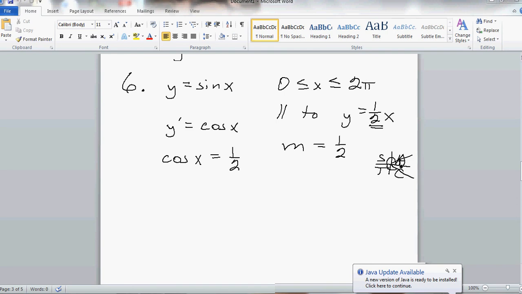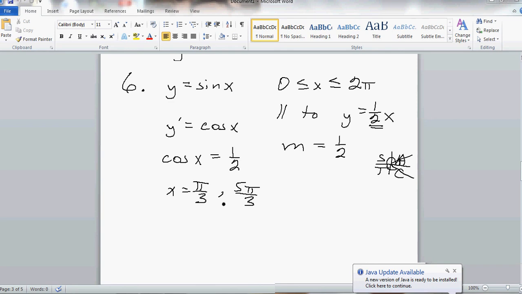So where cosine is equal to 1/2 would be pi over 3. That's this first angle right here. And then going all the way around, that would be 5 pi over 3. And so we have the values pi over 3 and 5 pi over 3 are the places where this will occur.